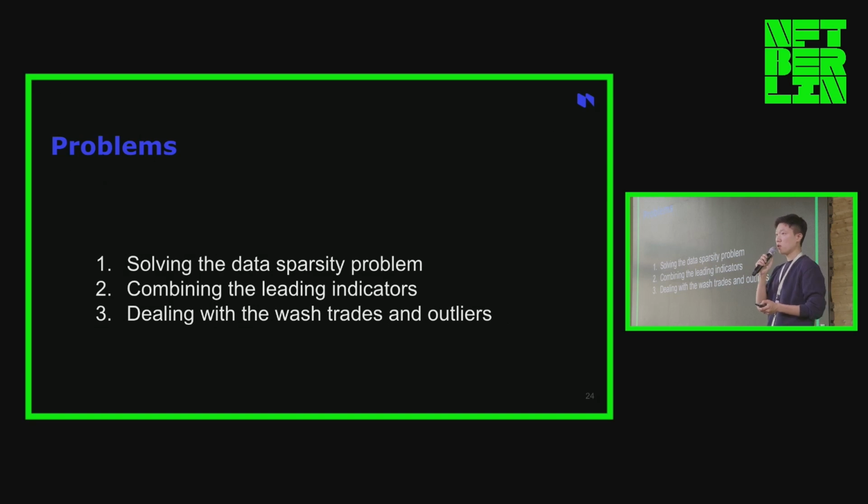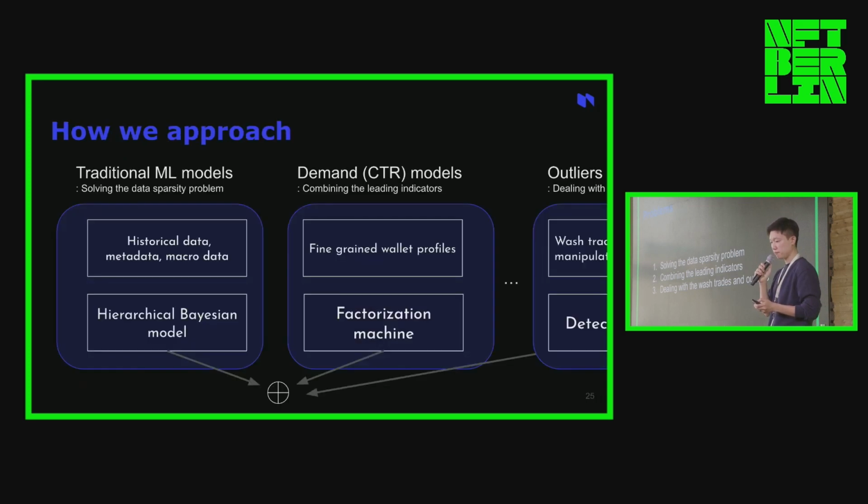As I said, we are tackling the valuation problem in a machine learning way. We decompose this problem into three pieces. One is solving the data sparsity problem, second, combining the leading indicators, and third, dealing with wash trades and other manipulations. This is an overview.